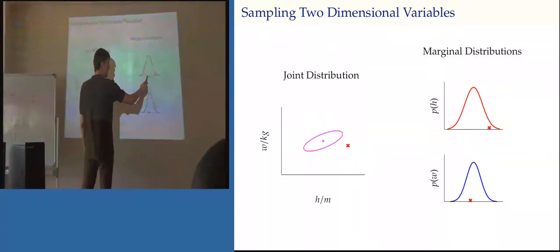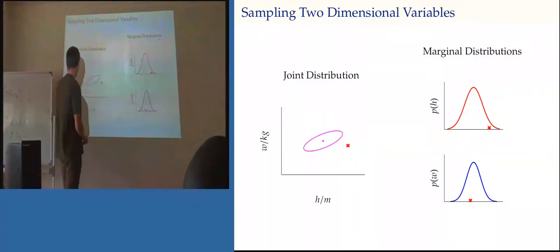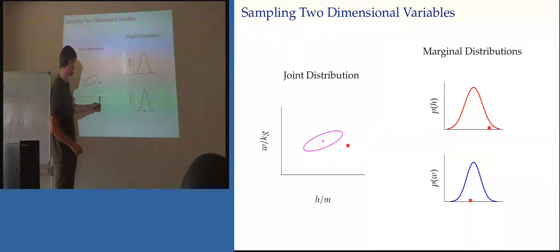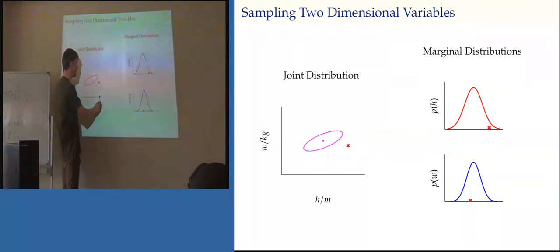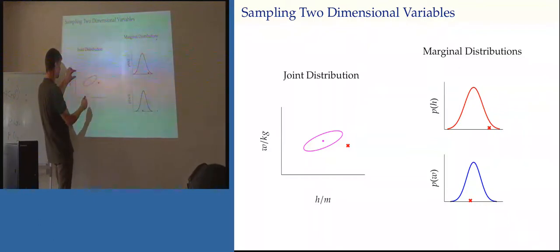But what it means I'm having to do is I sample H. H turns out to be here. My distribution for W is now given by the slice through that mountain. So this mountain is twisted, so actually the mean is up here. It's distributed like this. So I have to slice through that mountain, and my conditional distribution for W now changes.